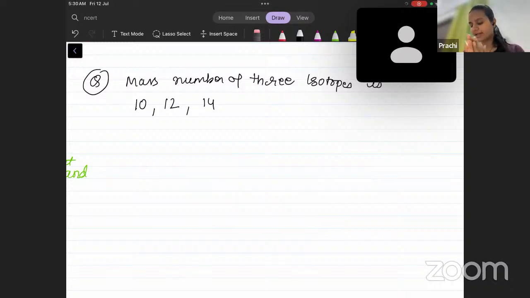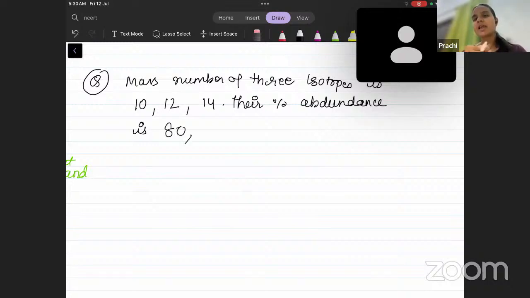Now here it says their percentage abundance is 80%, 15%, and 5%. So these are the mass numbers and these are the percentage abundances.